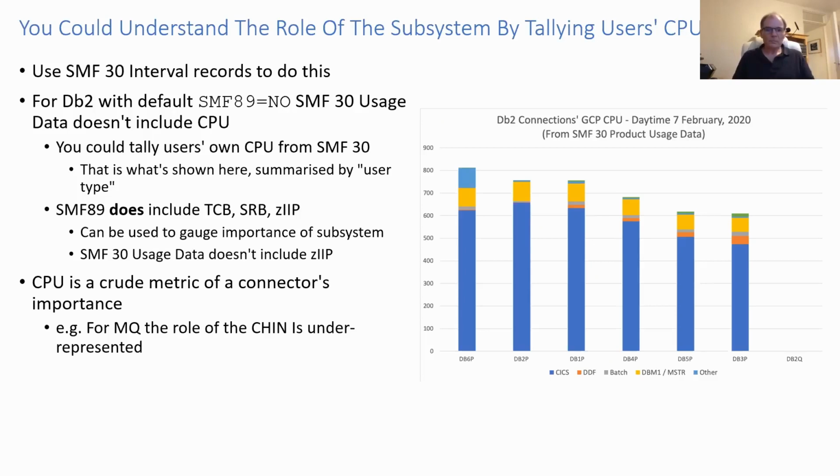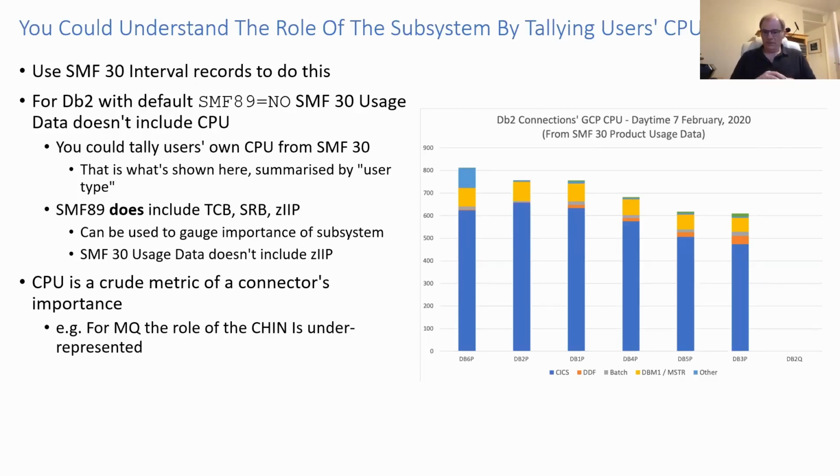So what I've done on the right-hand side here is exactly that. I've taken the connectors to the various subsystems, and I've tallied their CPU, fully acknowledging that not all that CPU is going to be in DB2, but it gives you some idea.